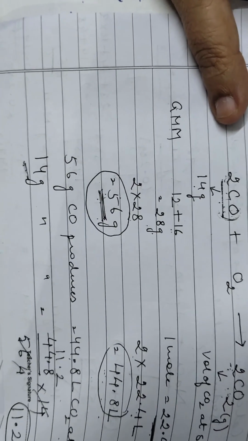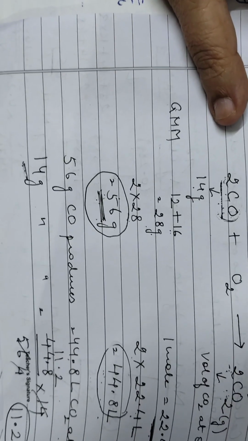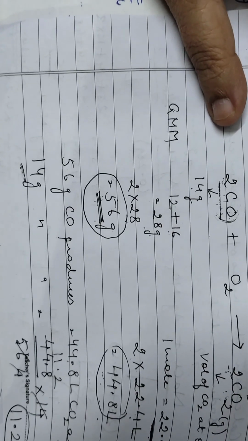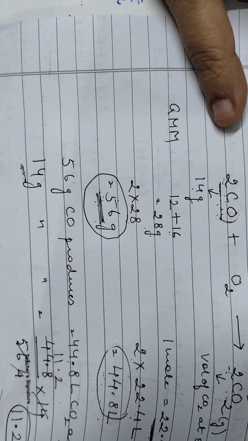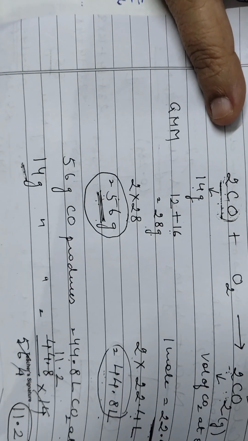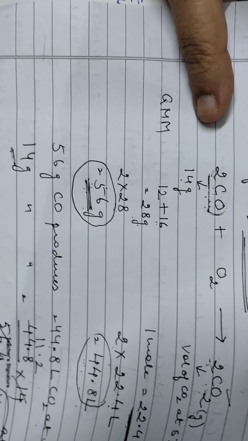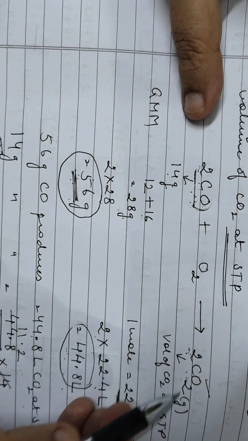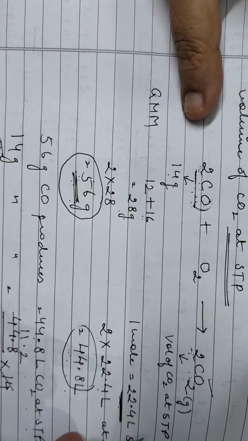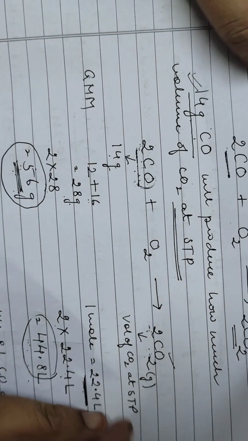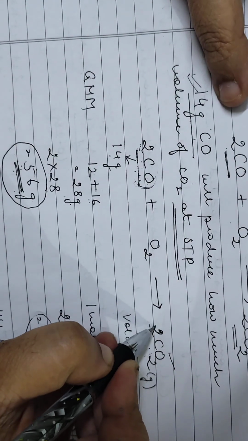And as I told you, 2 types of questions can be given to you: mass relationship and mass volume relationship. So you need to calculate the gram molecular mass, and you need to calculate the volume of the gas if they are asking you the volume. And for volume calculation, remember, you will see this number.